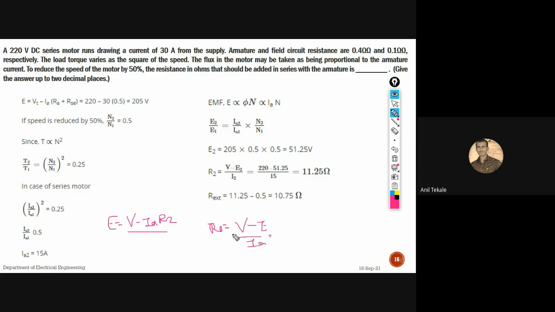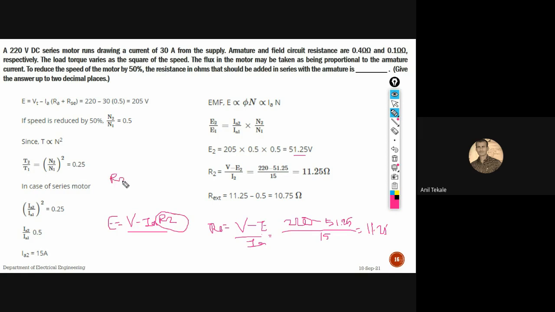V is 220 minus E, which we just calculated, 51.25, divided by Ia, which we calculated as 15. Once we calculate, that is 11.25. That is the total R2.